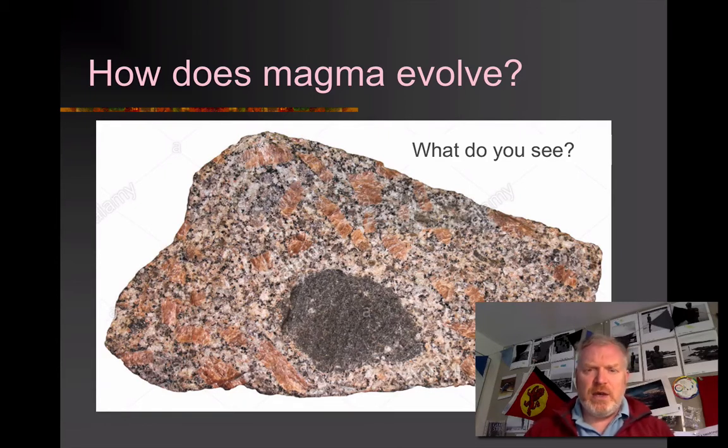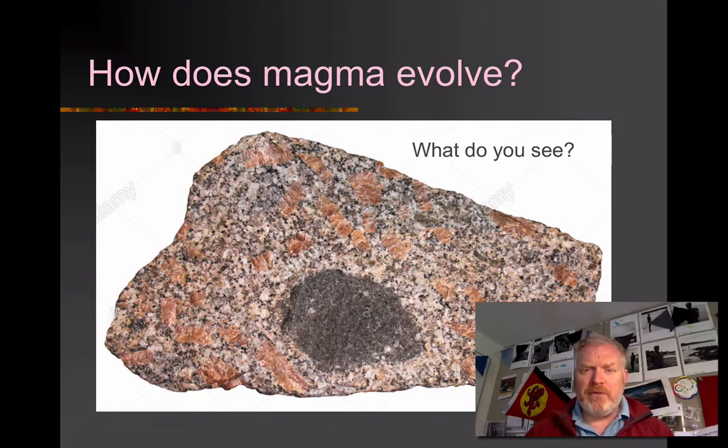You can see within this specimen this dark lump. Now this dark lump is either perhaps a xenolith, or it might be a feature we call an enclave. Either way, this is material that's being put into that magma.